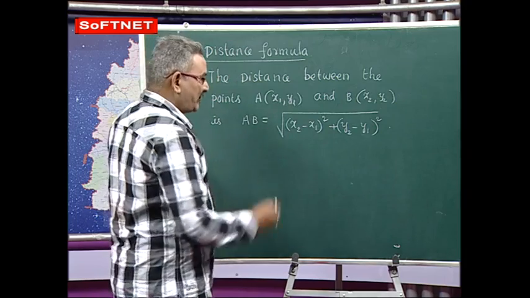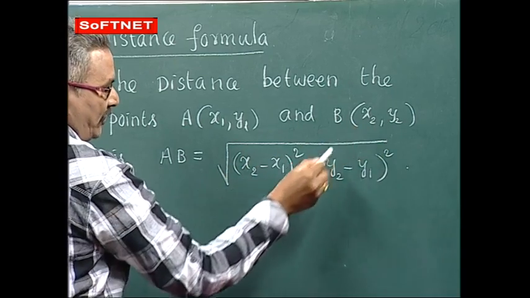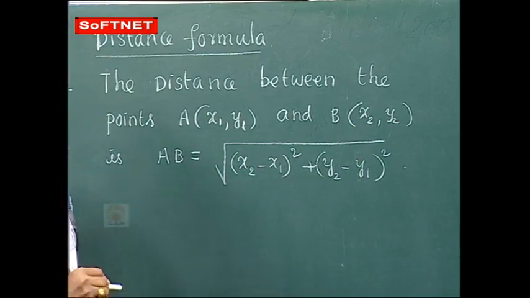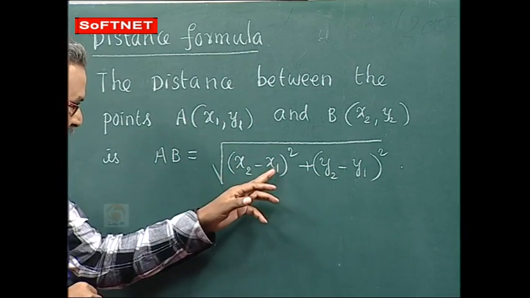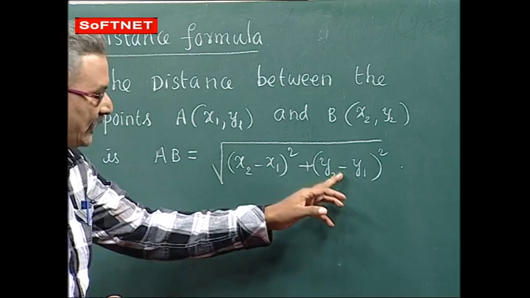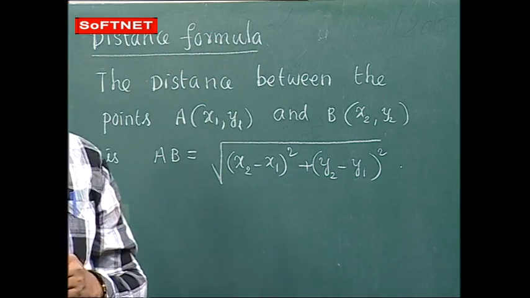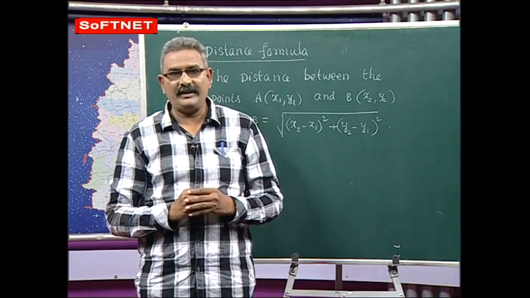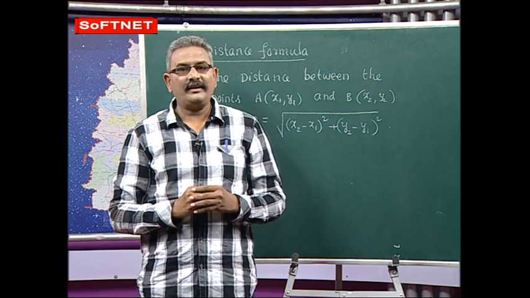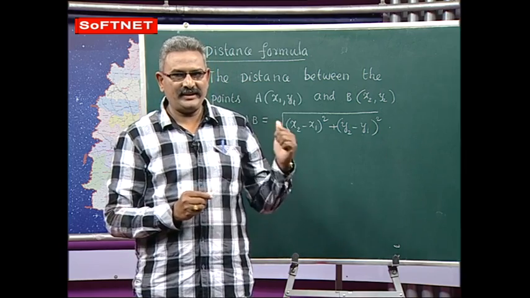We get 0 minus x1 square, that is x1 square, plus y1 square. That means the distance from the origin to the point (x1, y1) is root over x1 square plus y1 square. Okay, can we write it?